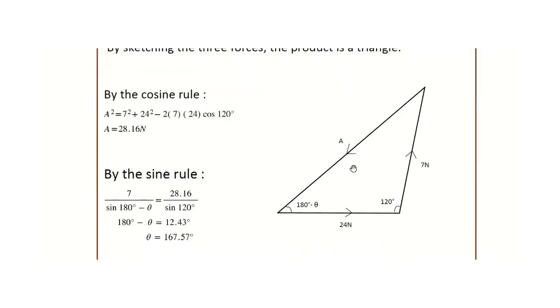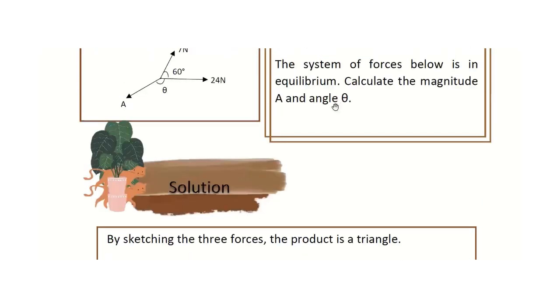So we can use the cosine rule. A equals the square root of 7 squared plus 24 squared minus 2 multiplied by 7 multiplied by 24 cos 120. So we get magnitude A is 28.16 Newton.